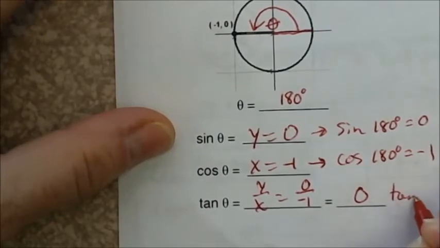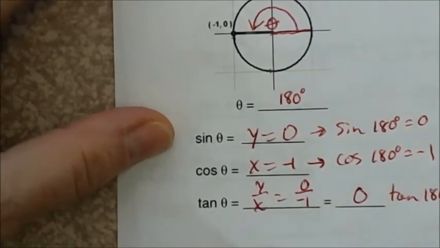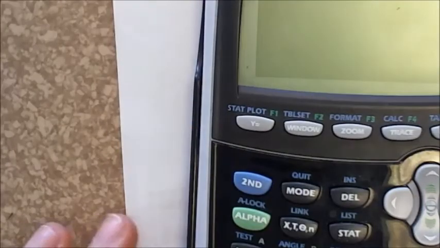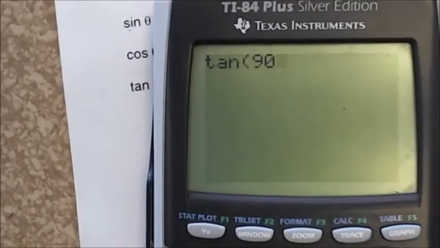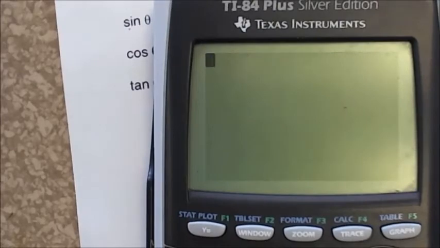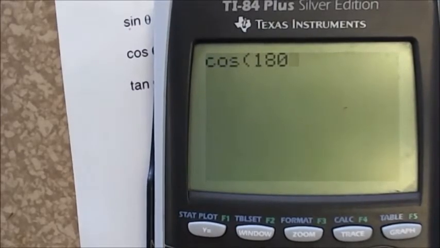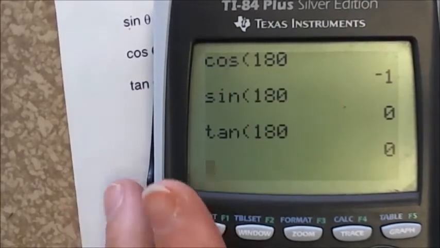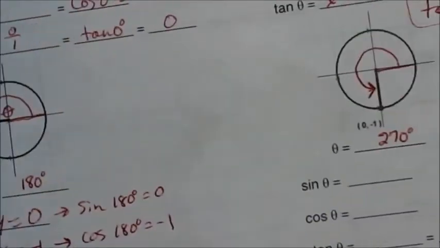So that means the tangent of 180 degrees is equal to 0. You can ask your calculator all this. Let's ask our calculator about the cosine of 180. Cosine of 180, negative 1. Sine 180, 0. Tangent 180, 0. So your calculator can tell you, or you can go to the unit circle.